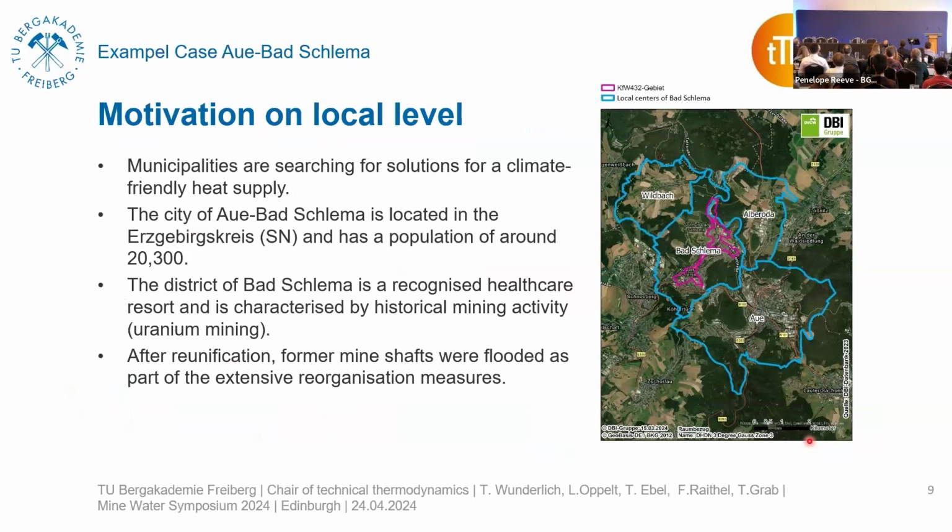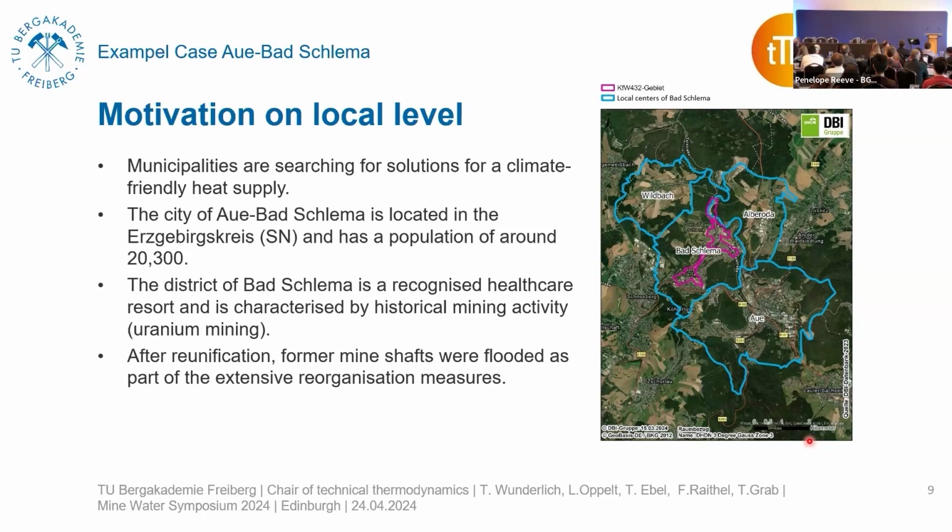Auerbach-Schlema is located in the Erzgebirge near the Czech border. It has around 20,000 inhabitants, and it's well known for its healthcare resort that's characterized by historical mining activities.